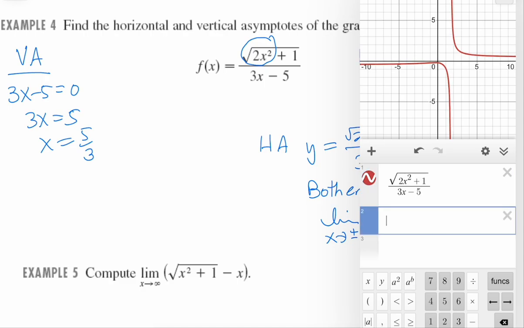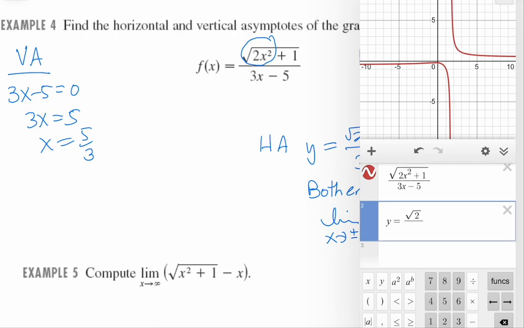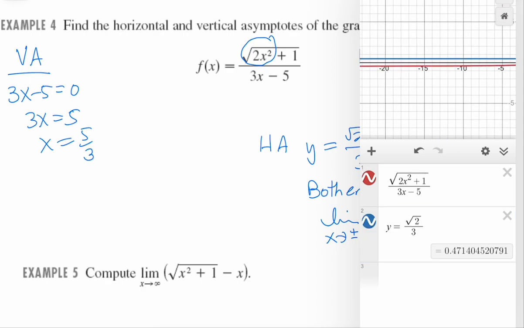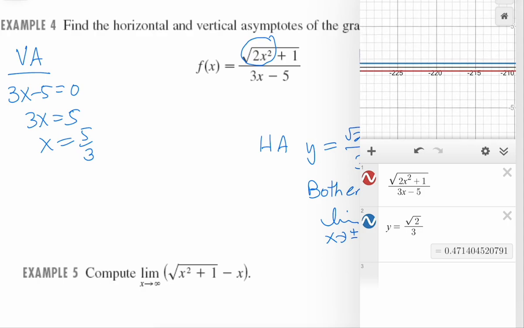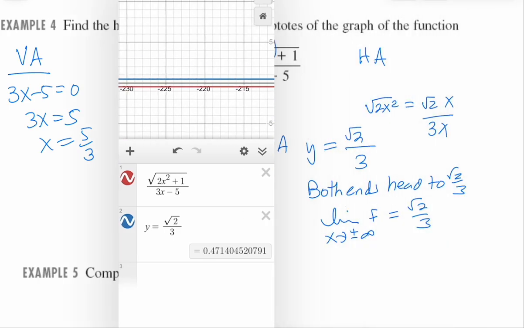Put in the horizontal asymptote, y equals the square root of 2 divided by 3. See, both ends, what are they doing? They're heading to that value. One end will get a little lower first and kind of come back up. Okay. So if you look at this end, it takes a little while, but it will head there.